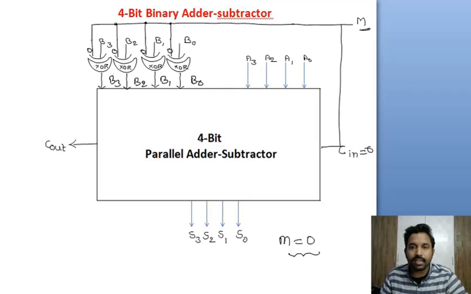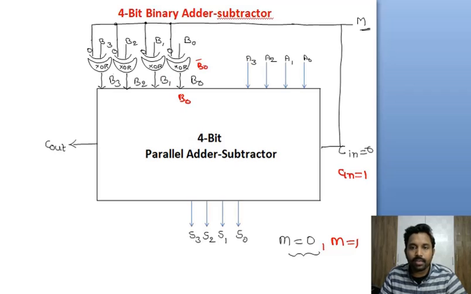Now in the second case, let us assume the control input is 1. Cn also changes to 1, because M equals 1, and this output changes to B0 bar.